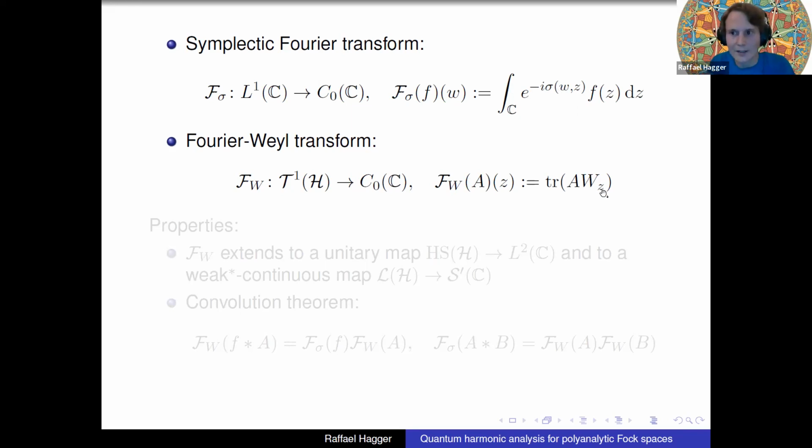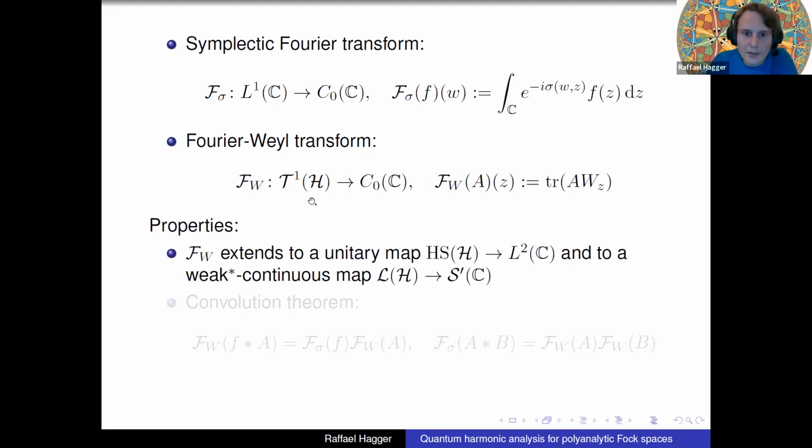So these now act as the characters of your theory. Okay, and again, you see here, because A is trace class, this is well defined. And now again, like for the convolution, the Fourier-Weil transform has very similar properties as the Fourier transform.